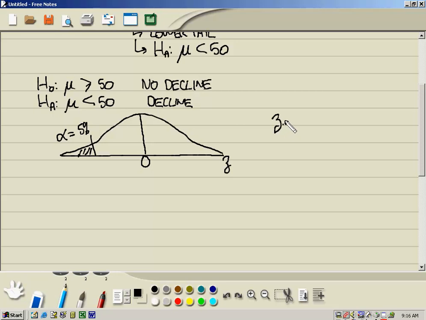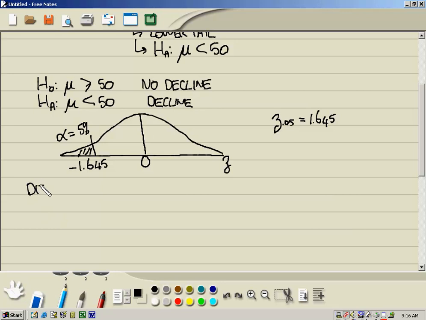From the tables you'll find that Z with 5% is 1.645. Alright, so we have a lower tail test, so this is going to be negative 1.645. Negative values, of course, are less than the 0. So a decision rule will be based on this diagram. If the z-calc is greater than the negative 1.645, do not reject the null. It's possible there is no decline. If z-calc is less than minus 1.645, it is likely there is a decline.